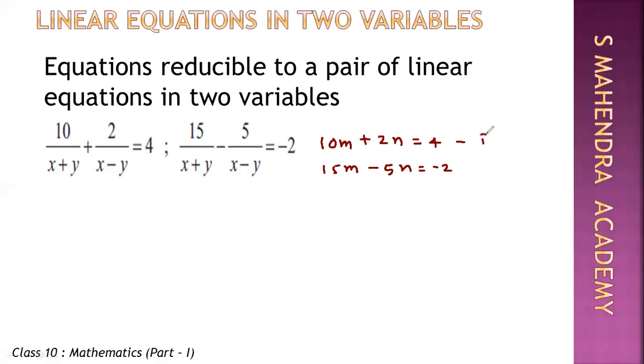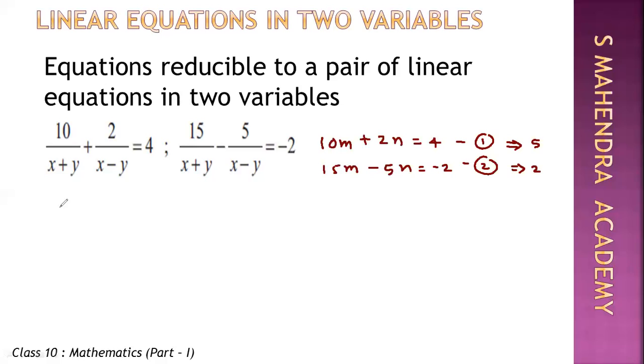This will be our equation number 1 and equation number 2. Here we will multiply equation number 1 with 5, the coefficient of variable n, and equation number 2 by 2, the coefficient of variable n.